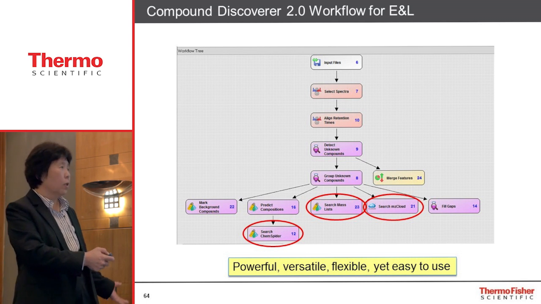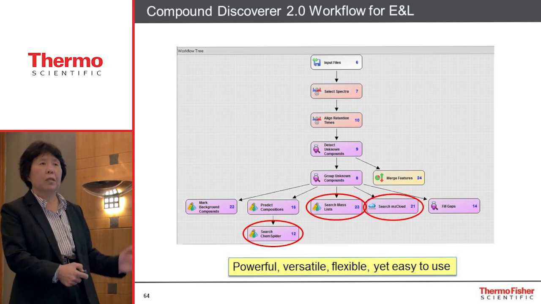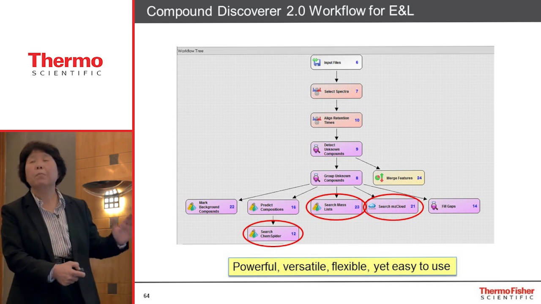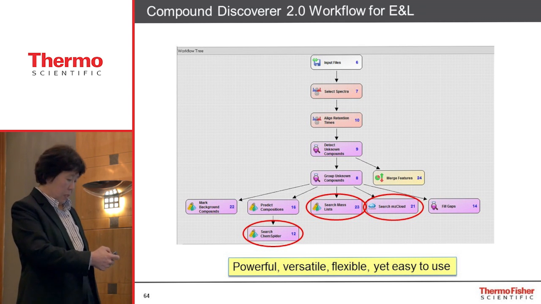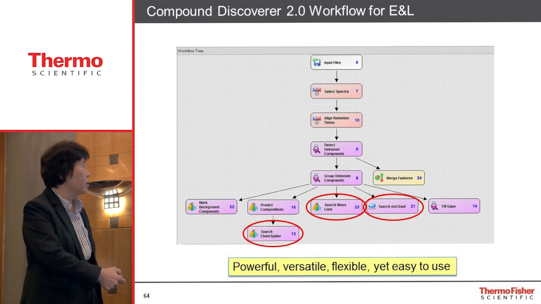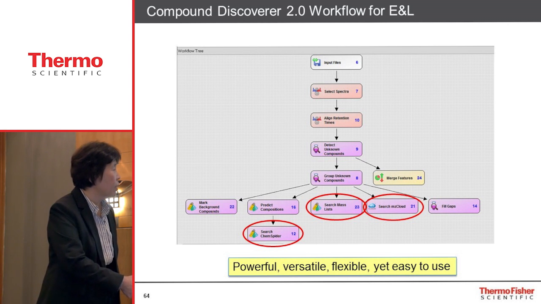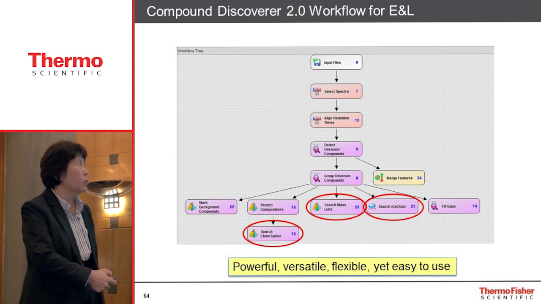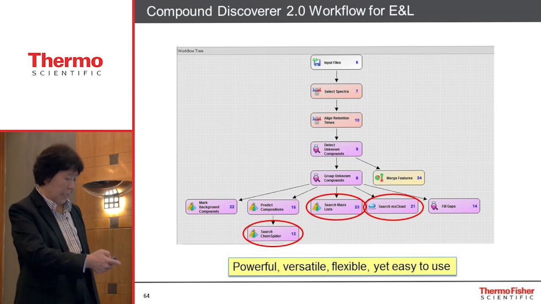All you need to do is follow the wizard and use the built-in template. Literally in 15 minutes, you can start processing your data. We have ChemSpider, the mass list search and the mzCloud search incorporated, so this is excellent for E&L unknown impurity ID.